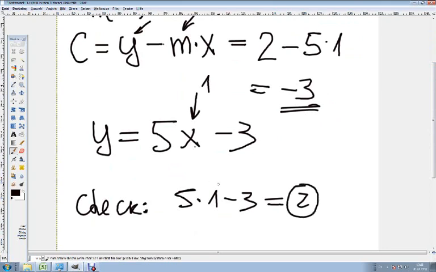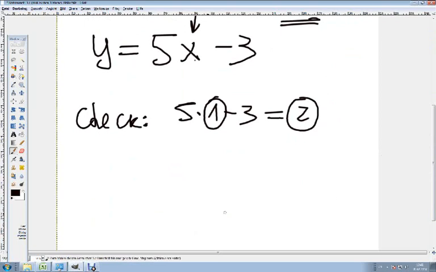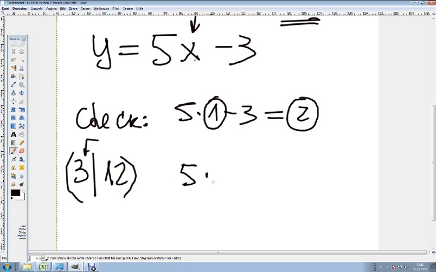It's definitely the point 1 and 2. You can also check another point like 3 and 12, if you want to sleep well after your test. You take 5 times this x value of 3 minus 3. Calculating 15 minus 3 leads to 12 exactly.